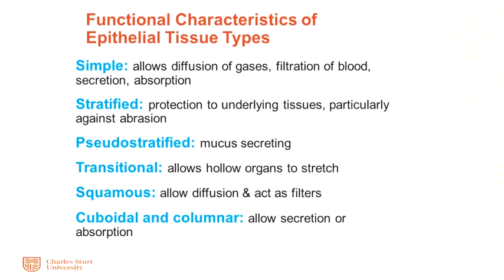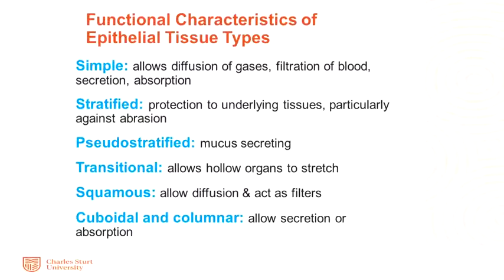So in terms of the functional characteristics of epithelial tissue types, firstly starting with simple epithelium. So one layer of cells, this will be found in areas that allow diffusion of gases, so say in the lungs, also filtration of blood, involved in secretion and absorption as well.